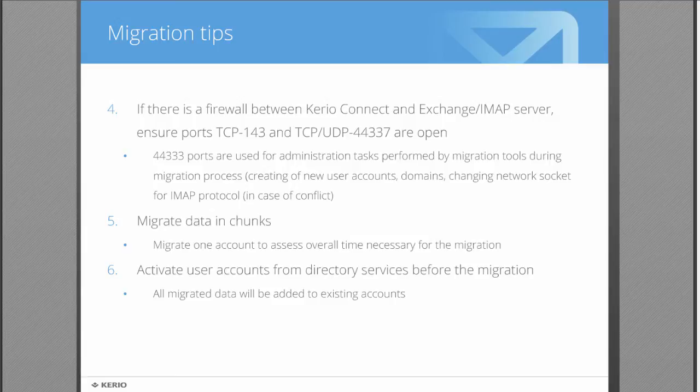These are actually used for performing management tasks of the migration, and it's not just about the data. We need to check connectivity to the server, and so on. So if there is something between the mail server that you're using and Kerio Connect, these three ports must be open. Migrate data in chunks.